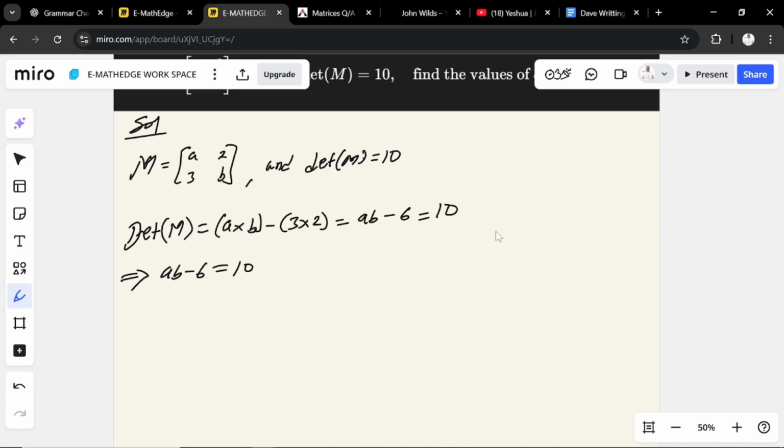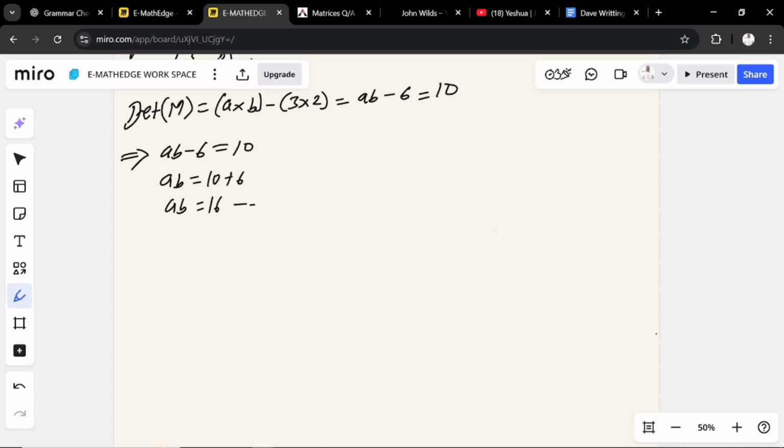Now it will be easy for us to obtain the value for A and B, since it was stated that A is equal to B. First of all, let's take the constant number here, which is minus 6, to the right hand side to meet this other constant number, where it is going to turn positive. So it's going to be AB equal to 10, the minus 6 going to the right hand side is going to be plus 6. So it's going to be AB equal to 16.